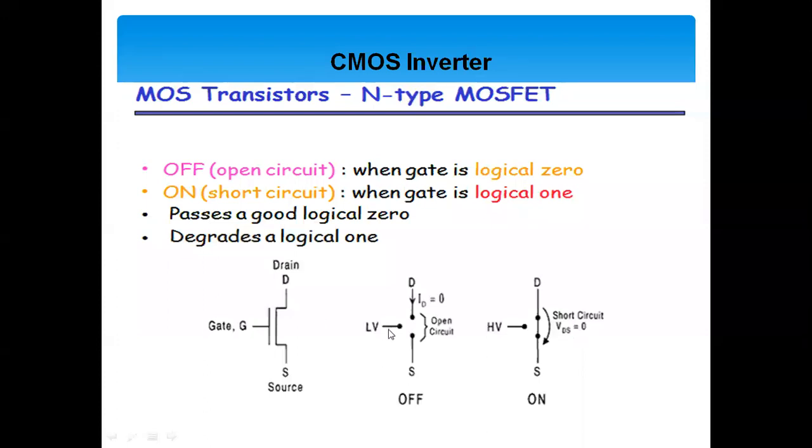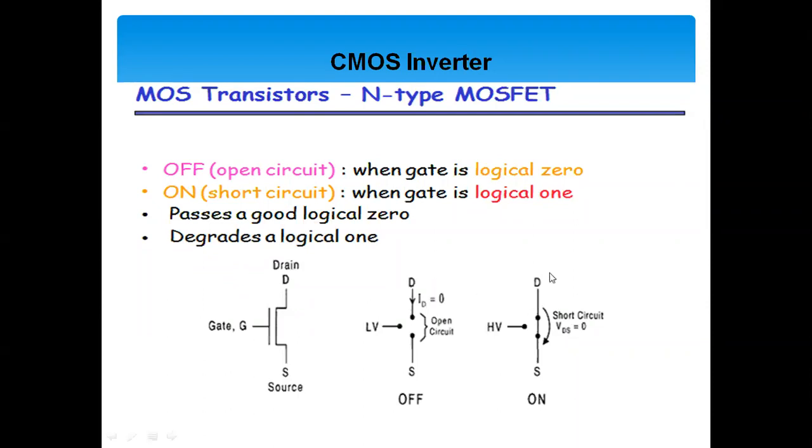Now, when you don't apply anything towards the gate, it will act as an open circuit, and it will not pass anything, that means ID will be 0. In that case, this is an off switch. When you apply a certain high voltage beyond the threshold voltage, it acts as an on switch. Now, the NMOS transistor has a certain advantage: it can pass a good logic 0. Means what?